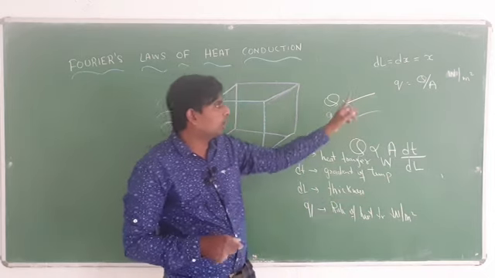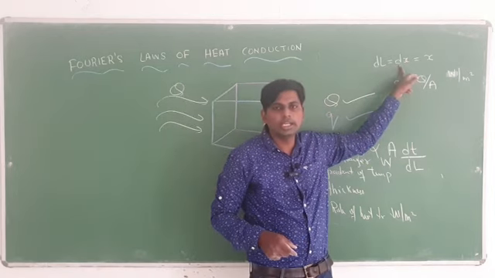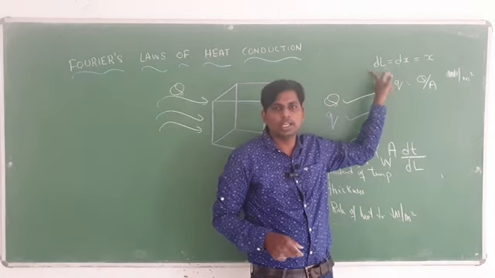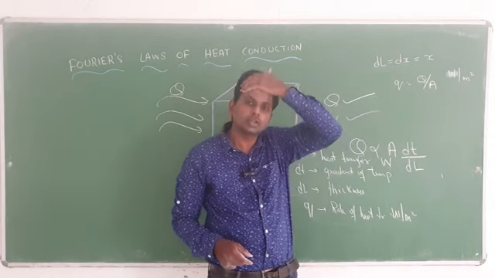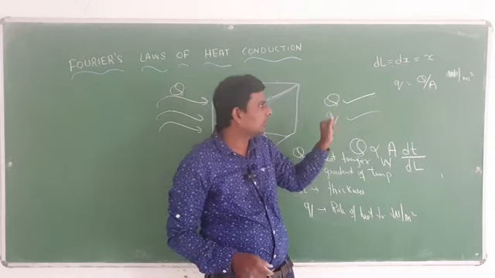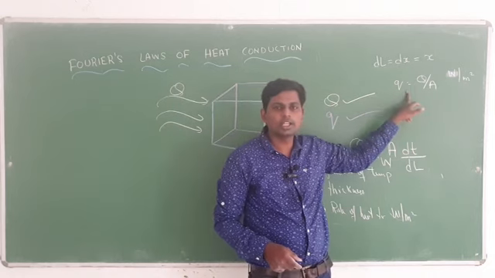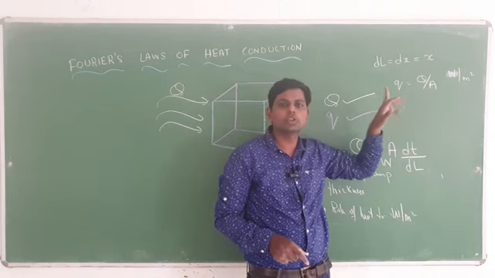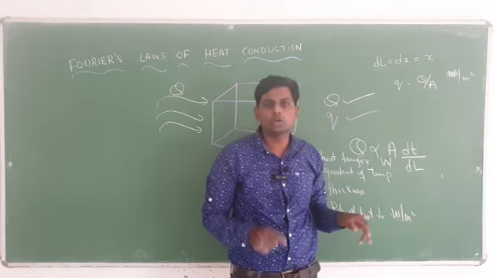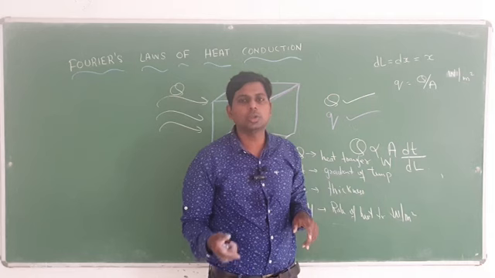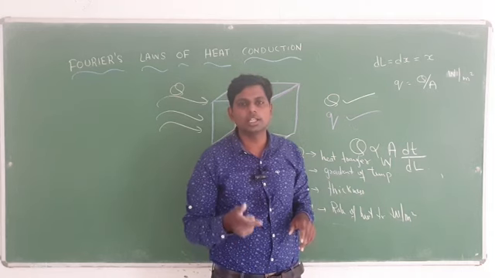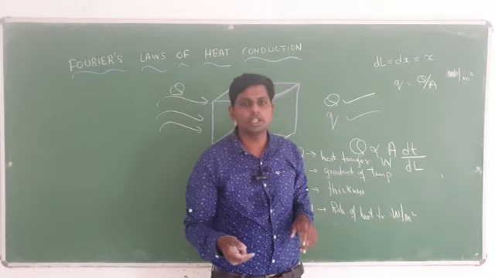You have to remember sometimes dx, dL or x, dx or L, both are thickness only, or you can say length also. Small q can be written as small q is equal to capital Q by A, where capital Q is in watt and small a is area, the unit is length into breadth, meter square.